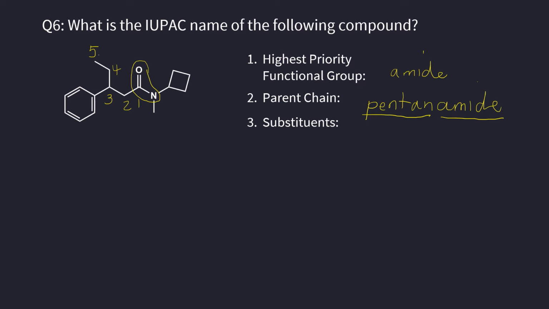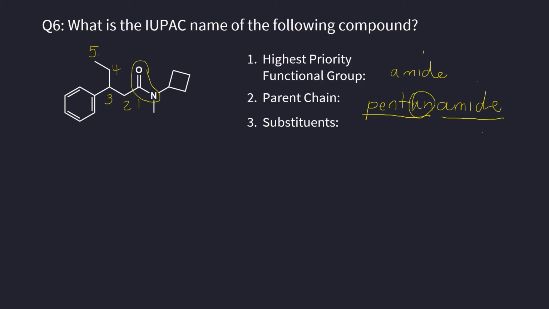Be careful to name it as pentanamide and not pentamide, because the "an" refers to the carbon chain having no CC double bonds or triple bonds. If this had a double bond over on this position, then we would name this as a pent-4-enamide. So a pentanamide. This is why we need an "an" here to specify that the chain is saturated.